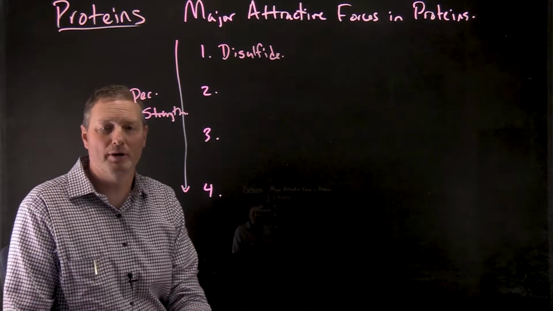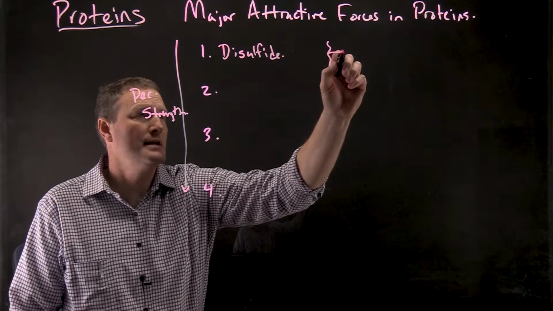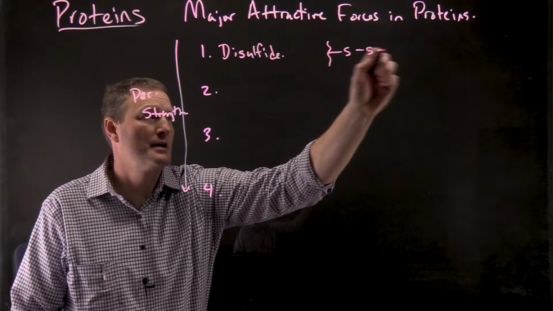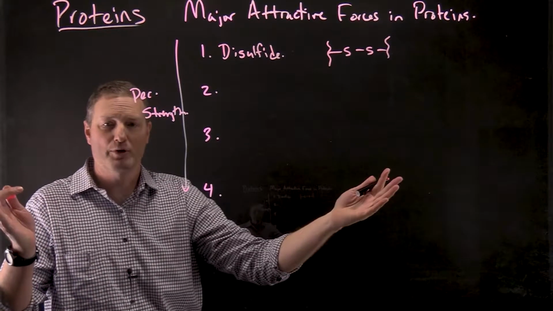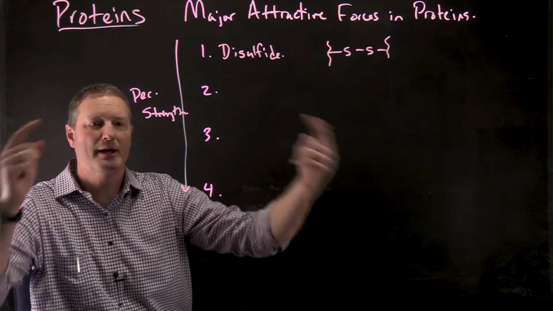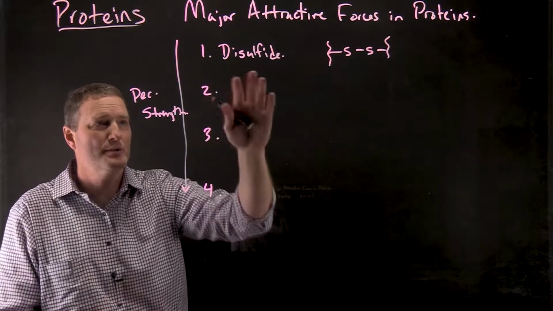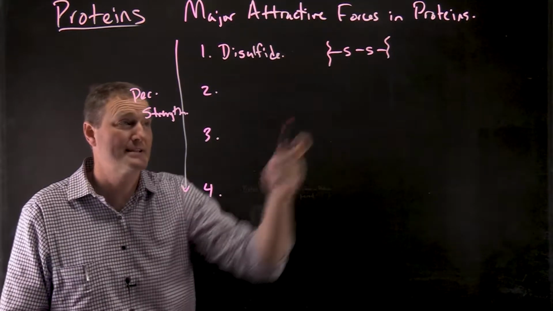And as we saw before, these arise when you have 2 cysteine residues that, if you envision them far apart on the linear sequence of the peptide chain, if they were to come close to each other, they could form an actual covalent bond. So this one is actually the strongest of them because it is covalent.